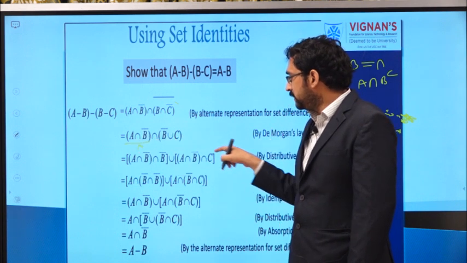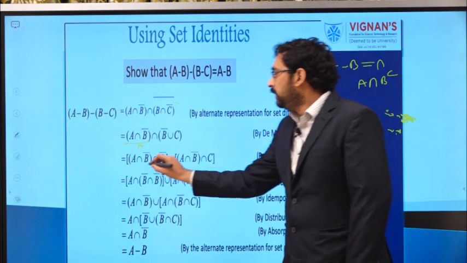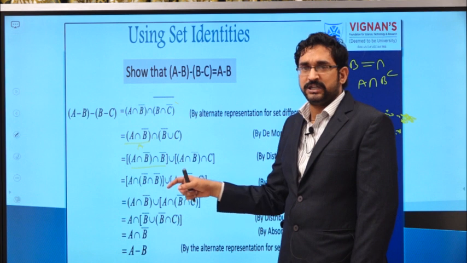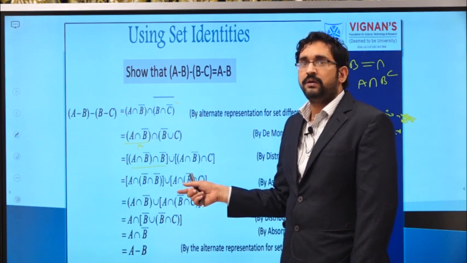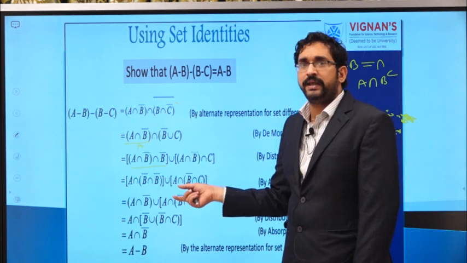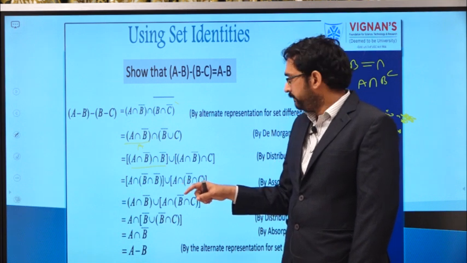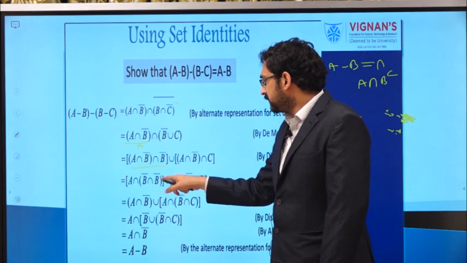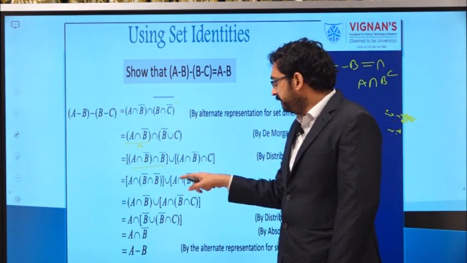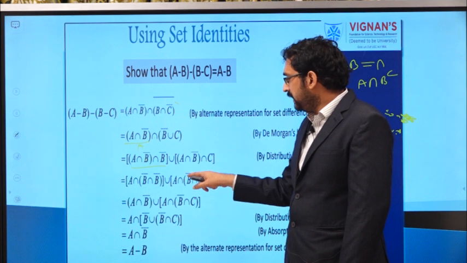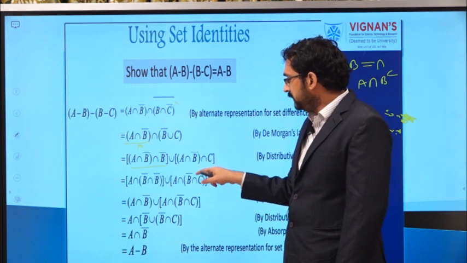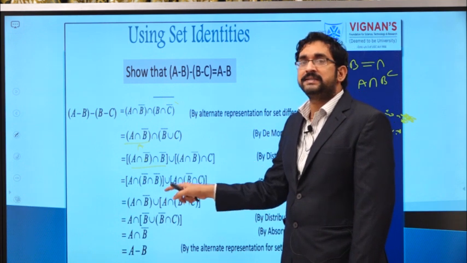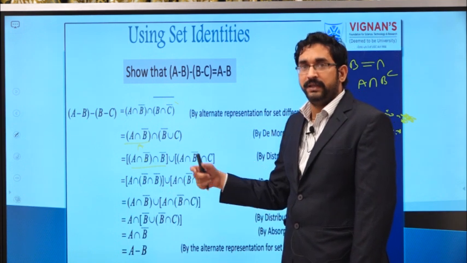Now if you observe this, all the values have the same operation, that is intersection. Since the same operator is there, we can apply the commutative law. Then it can be written as A intersection B complement intersection B complement union A intersection B complement intersection C. Now B complement intersection B complement is nothing but B complement.